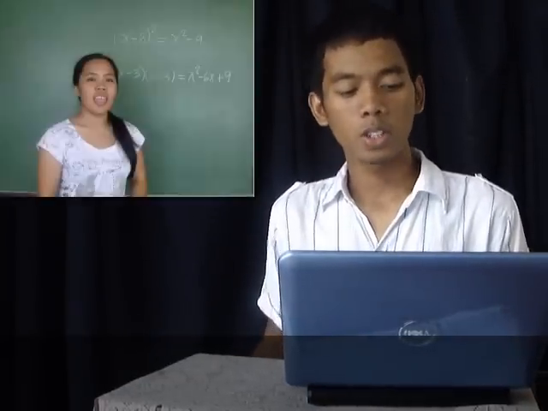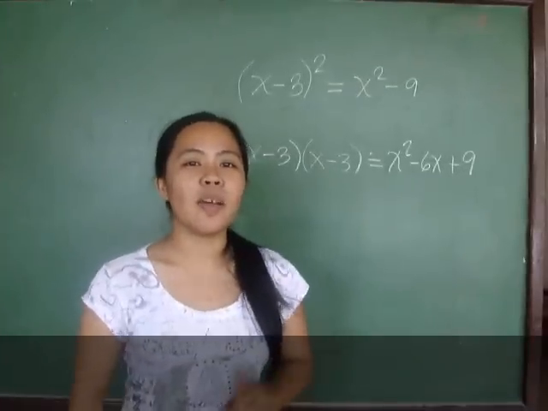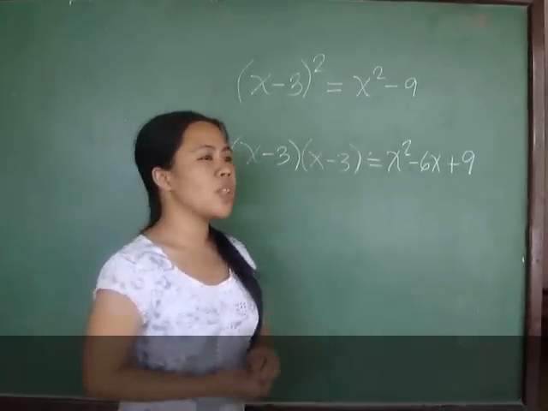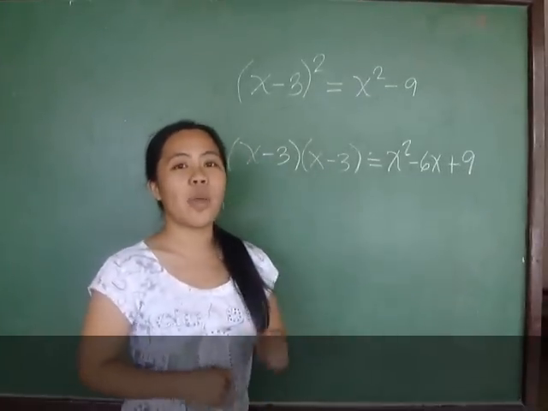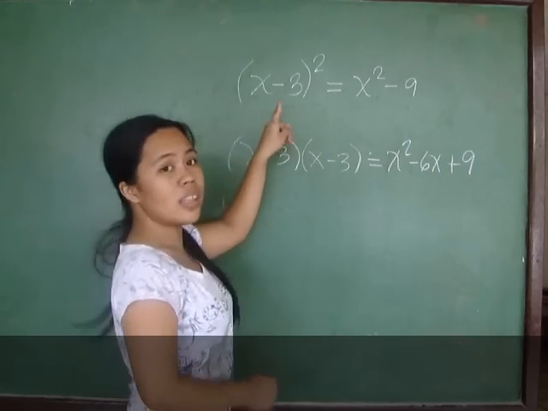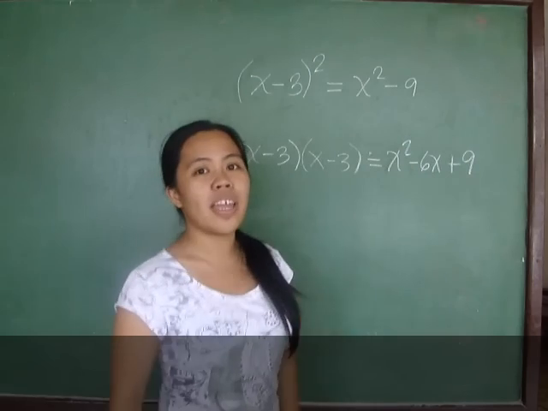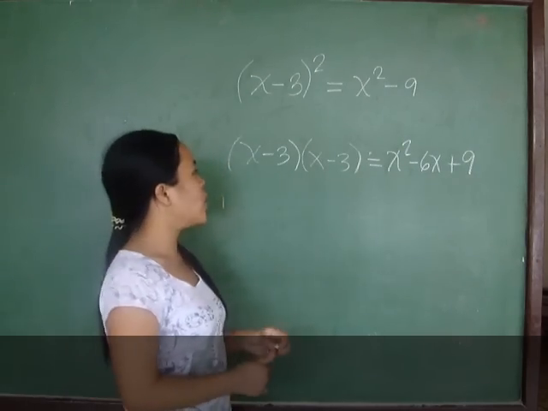Down with the last one. The top misconception in algebra. We have squaring. Don't forget to fold. Top in our list is the misconception of students in squaring binomials. We have here an example. The quantity of x minus 3 squared is equal to x squared minus 3, which is very wrong.